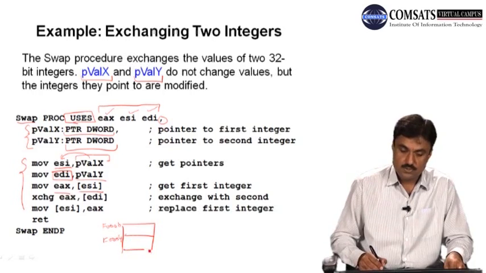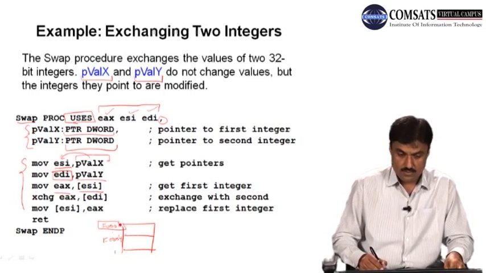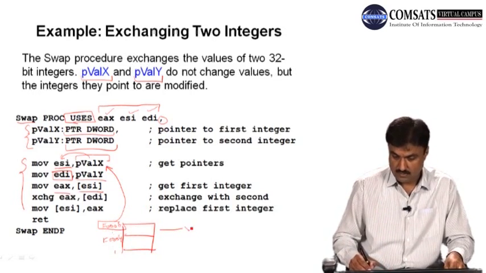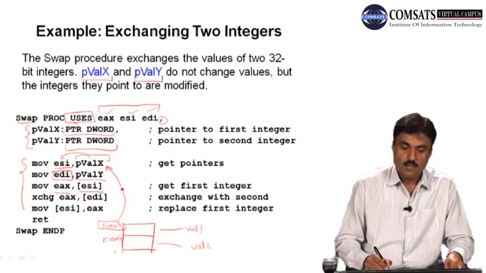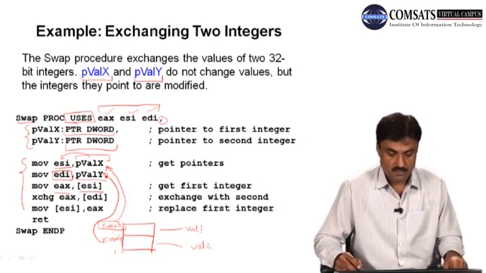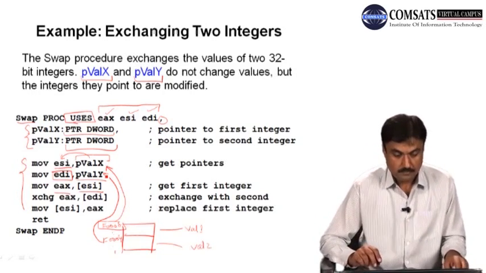So these are the 2. The first address is stored in, for example, p-val x. Actually this one is going to show val 1, this one is val 2 and so on, and p-val y is pointing, our pointer is being stored in p-val y, F004.